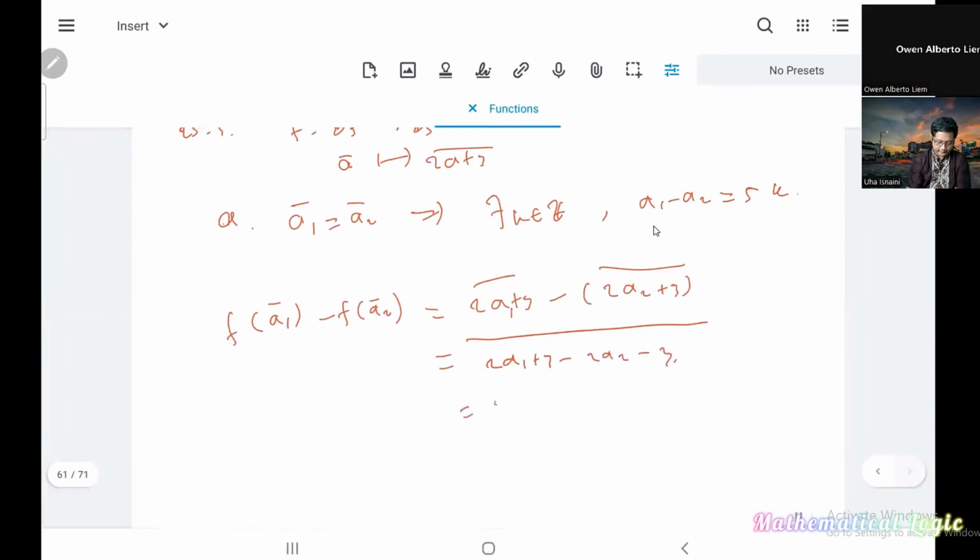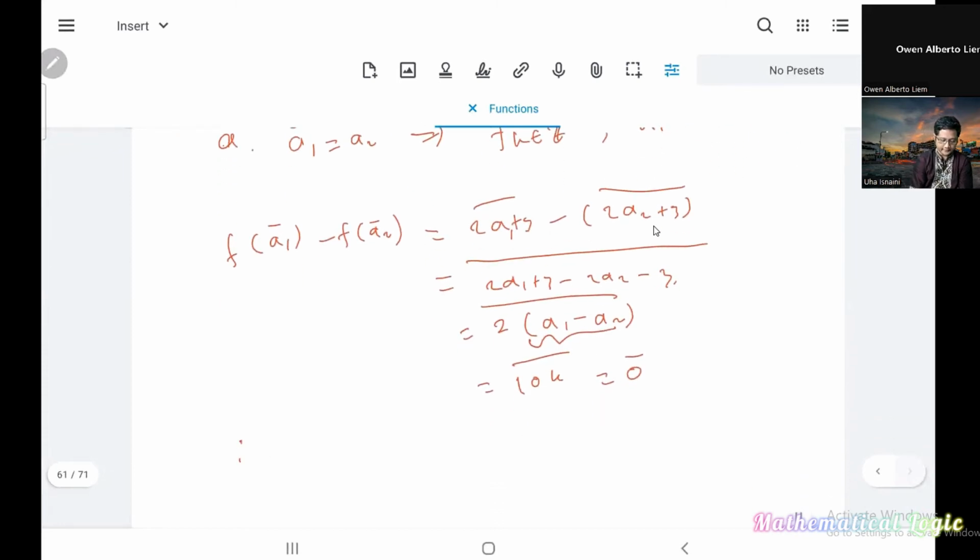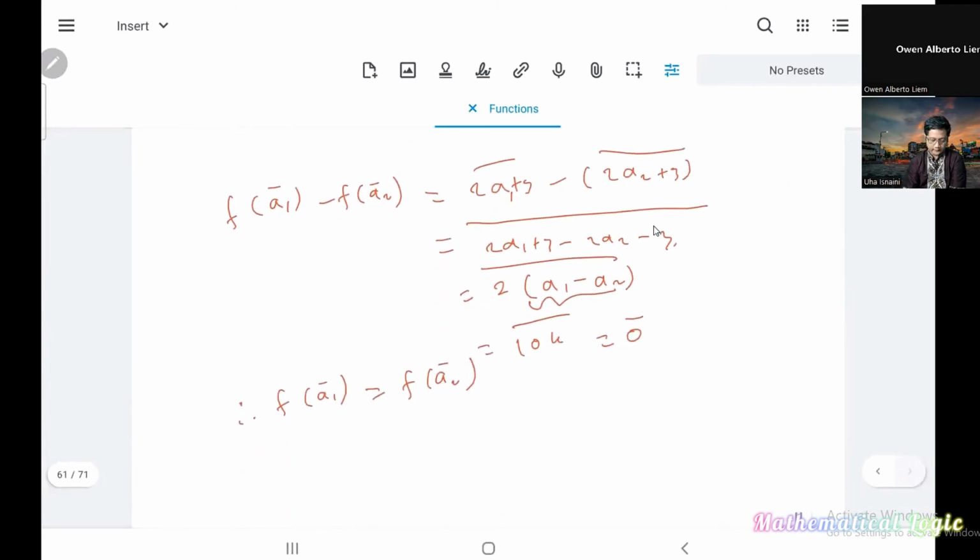So we get 2 times (a1 minus a2). This one is a multiple of 5, so this one is 10k bar, and this one is 0 bar. So what is the meaning? The meaning is f(a1 bar) equals f(a2 bar), because the difference is 0. So we can say that f is well defined.